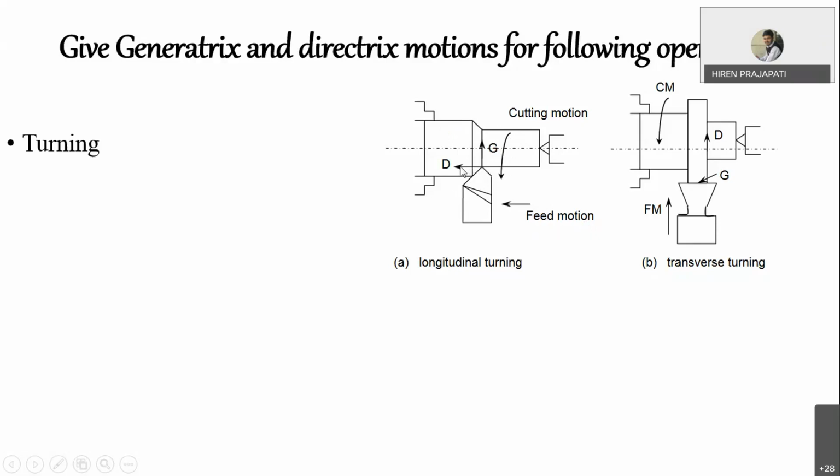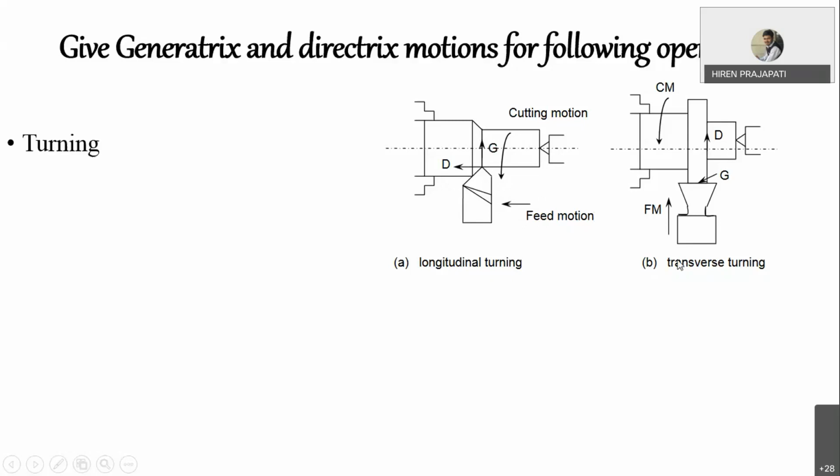In this direction, capital D, that is called a directrix, because by giving feed motion to the single point cutting tool, we extend cutting further on this cylindrical workpiece, right? So in longitudinal turning, rotation of the workpiece in the chuck is the generatrix, and feed motion of the carriage or single point cutting tool is called the directrix.